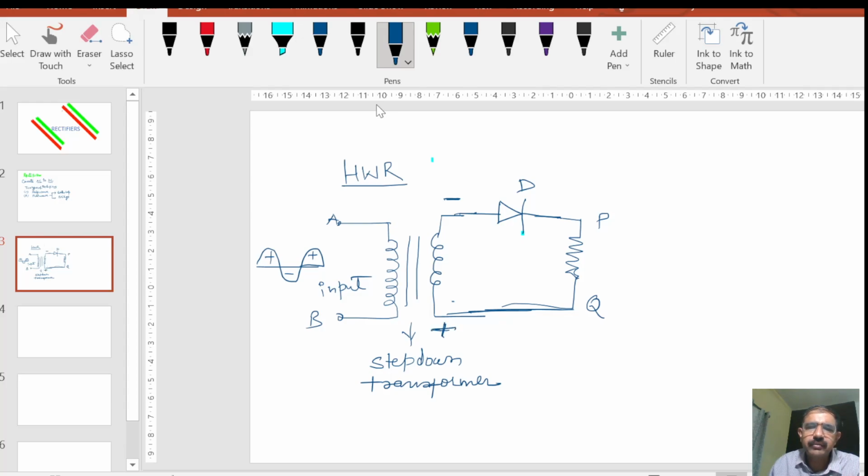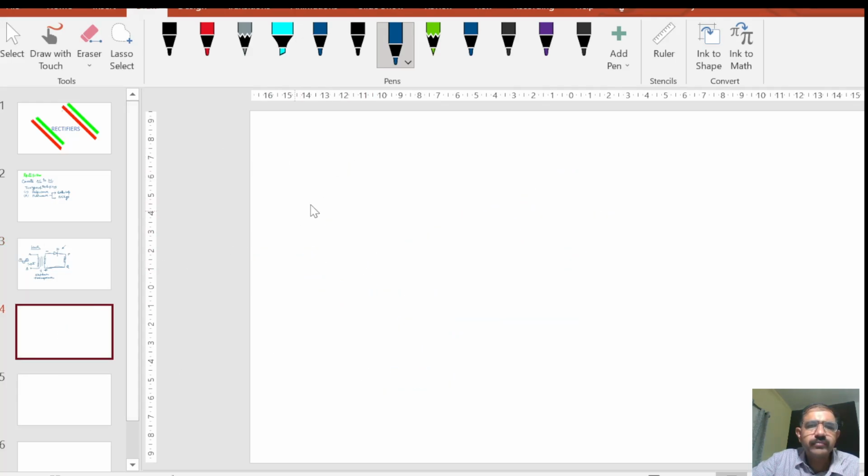As this end becomes negative, the diode doesn't conduct, so it becomes an open circuit. Open circuit means it will not conduct. So let us wait, I will draw this circuit.